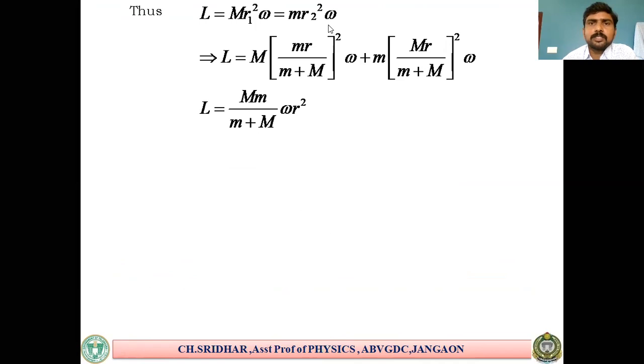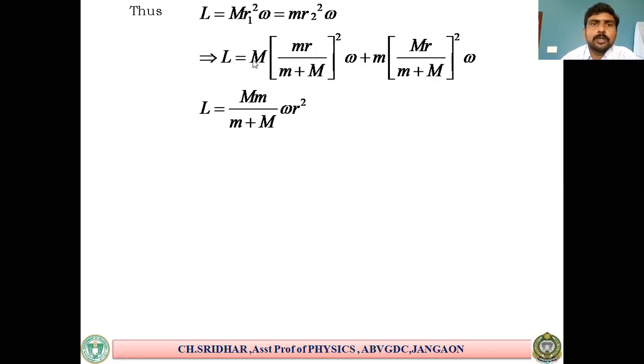We should have a plus sign here. So L is the total angular momentum, which is equal to the angular momentum of the nucleus plus the angular momentum of the electron.